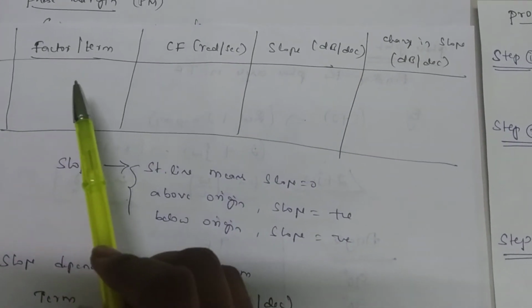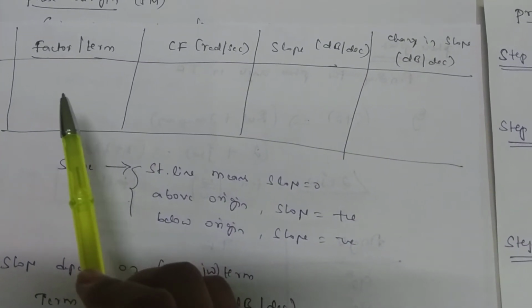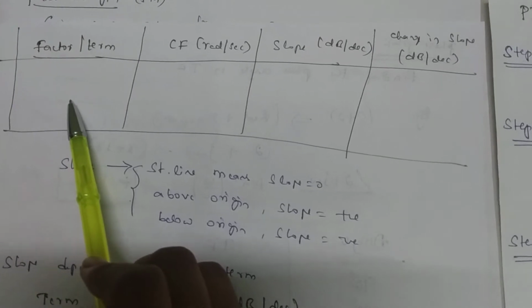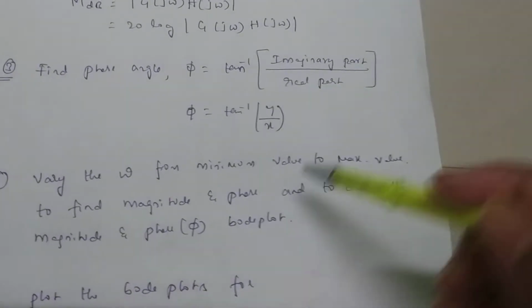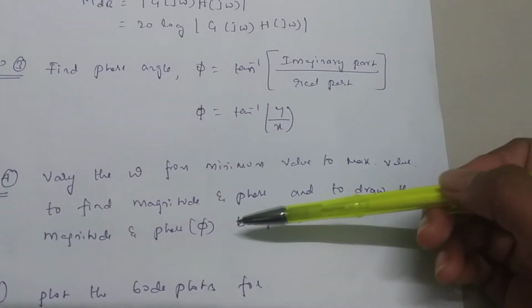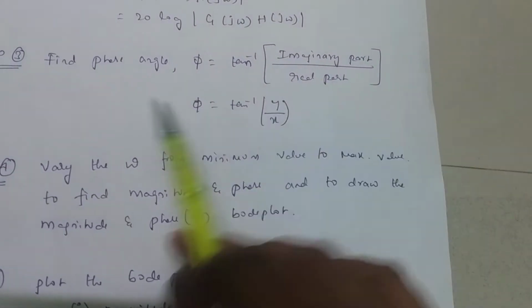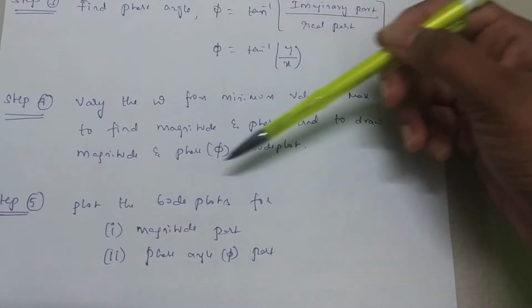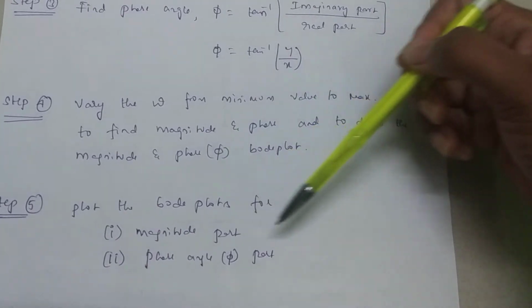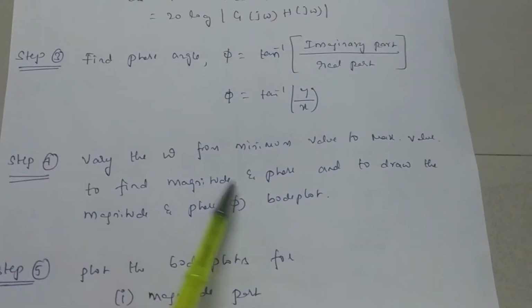Here we need to vary the value of omega, that is the frequency value, to find the magnitude. Similarly for the phase, and then draw the magnitude and phase Bode plots. I will explain this briefly. Stepwise it is the same: plot the Bode plot for the magnitude part and the phase angle part. See, I will explain step 4 here.